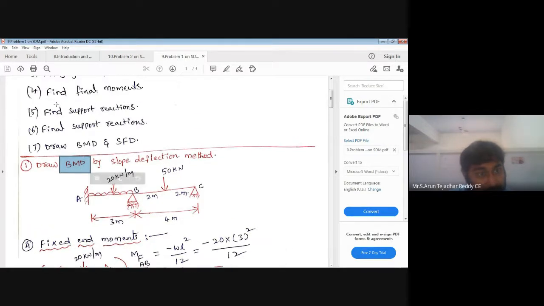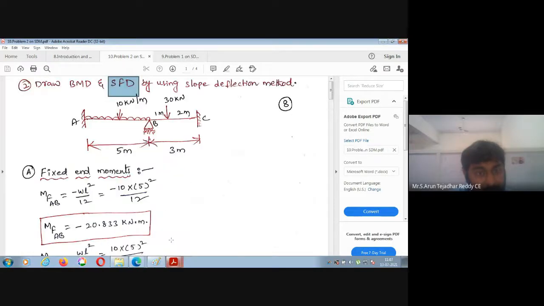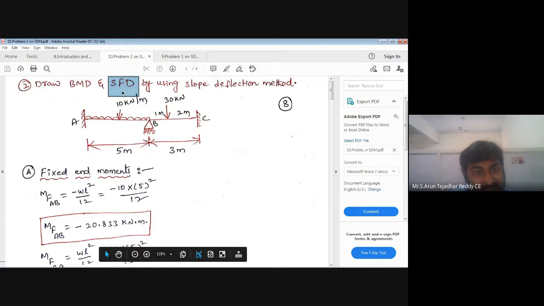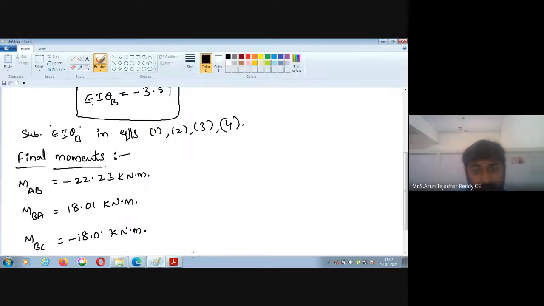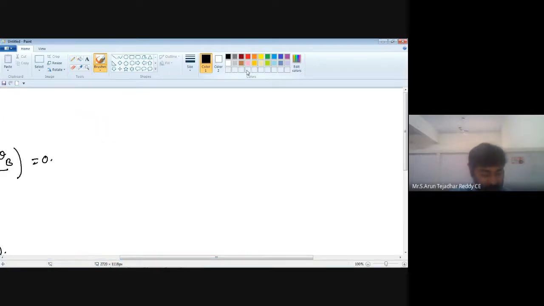So in problem number 1, the fifth and sixth points are not required. But in problem number 2, he is asking for the shear force diagram. So let us find out support reactions also.